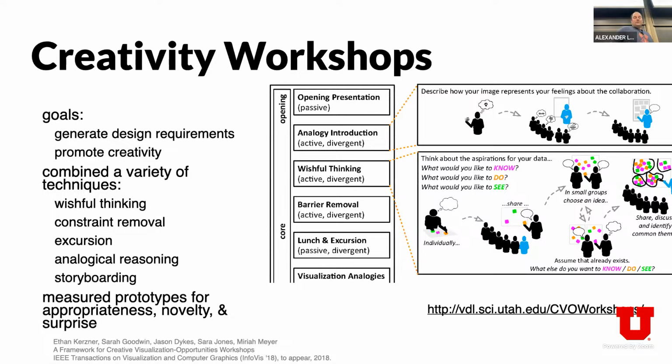So one thing that we do is these creativity workshops. This is actually a technique developed at our lab, where it's a lot about understanding the domain problem, but also about starting a design process by lining up these possible solutions. And so the goal here is to generate design requirements and promote creativity. And it uses a lot of different techniques like wishful thinking.